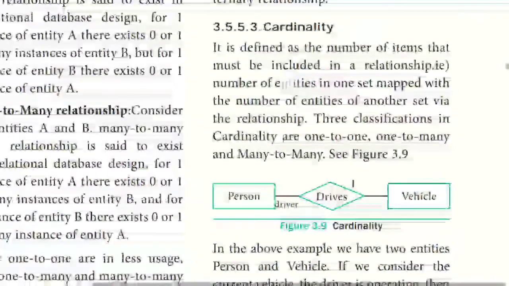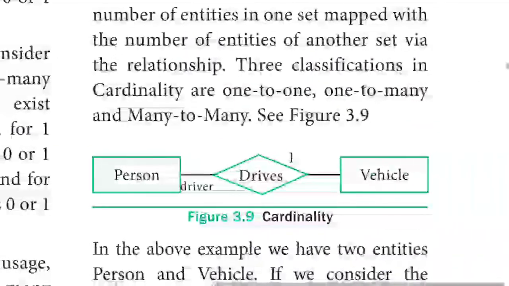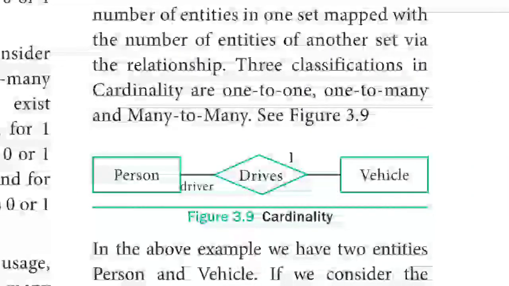Diagram 3.9 shows that person is an entity, vehicle is an entity, and the relationship between these two is drives.